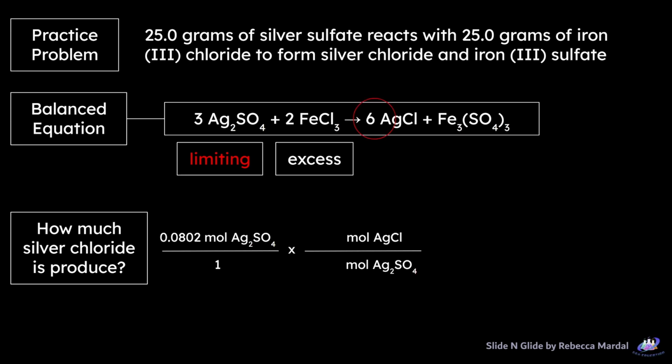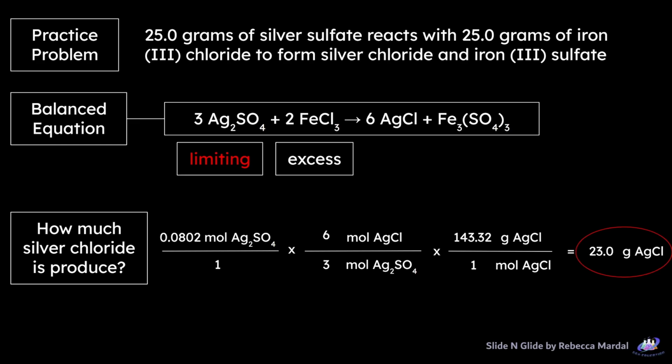We first want to multiply by the mole ratios that are found in the balanced equation. And if we stopped here, we'd be finding moles of silver chloride, but we want to take it one step further so that we can find grams of silver chloride. Multiplying by the molar mass of silver chloride will allow us to convert between moles and grams. And we find that we produce 23 grams of silver chloride.